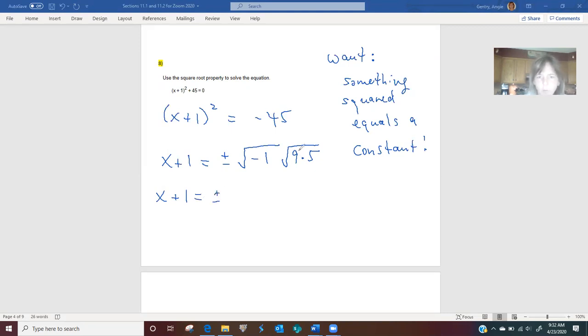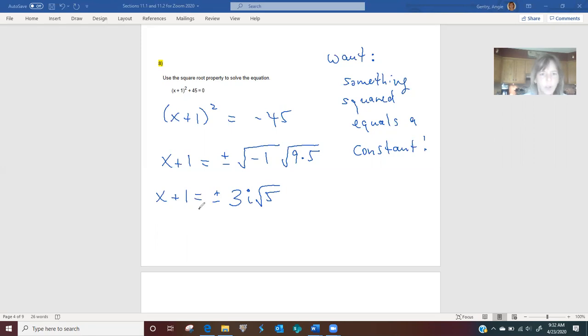Now the square root of 9 is going to make a 3. The square root of negative 1 is going to be an i, and that square root of 5 is going to stay there. And then you don't just have plus minus stuff. You actually now need to still isolate that x here. So we're going to subtract 1, and this is where you have to be careful.